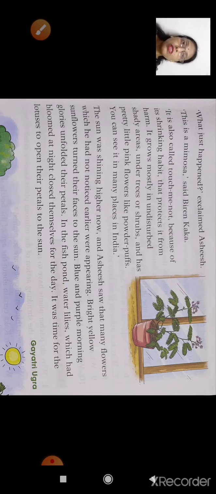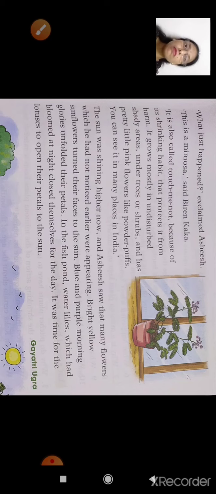It grows mostly in undisturbed shady areas. Undisturbed means where nobody disturbs those plants, because the moment somebody touches, these plants will shrink. And shady areas where the sun is not there, under trees or shrubs, and has pretty little pink flowers which look like powder puffs.